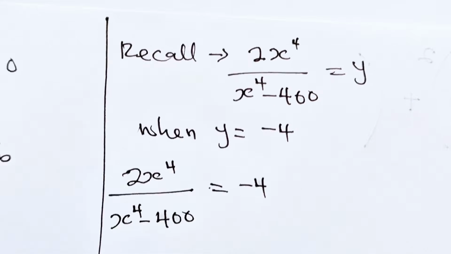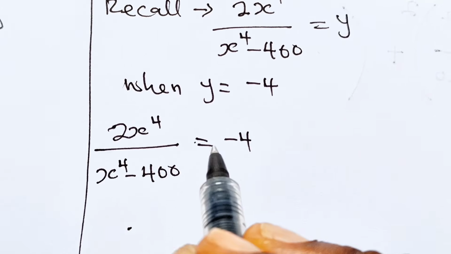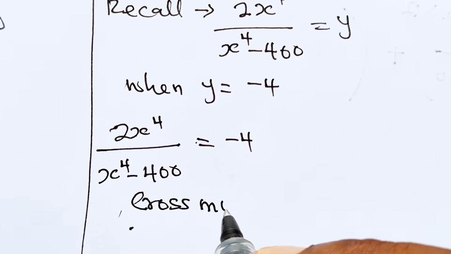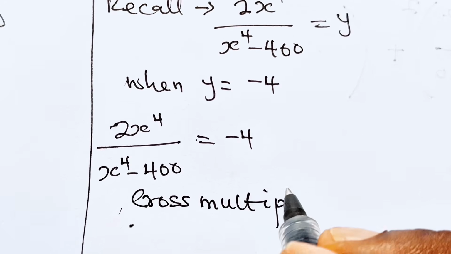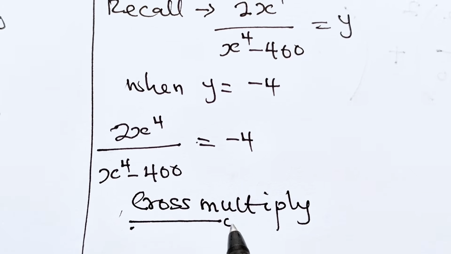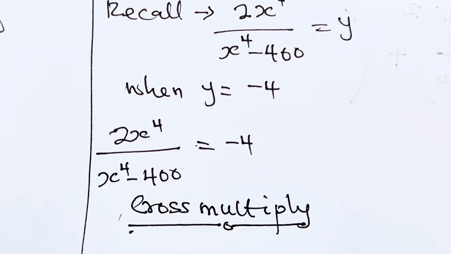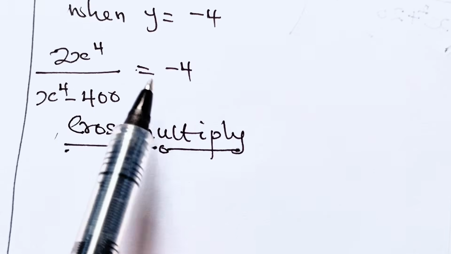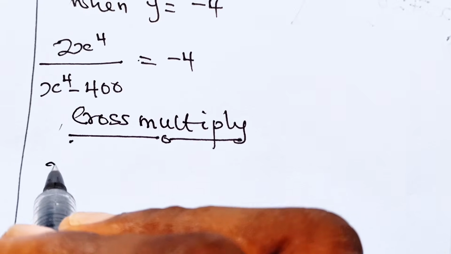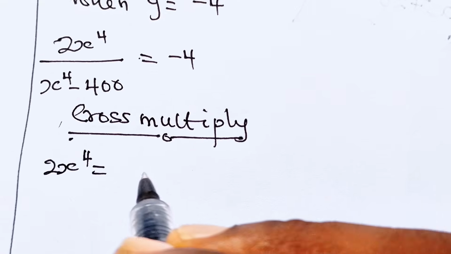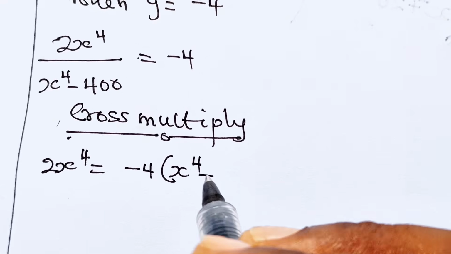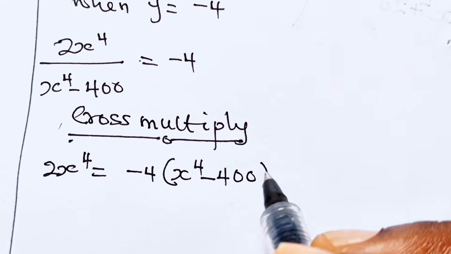Now, when you look at this, if we cross multiply, we are going to have 2x to the power of 4 is equal to negative 4 bracket x to the power of 4 minus 400.